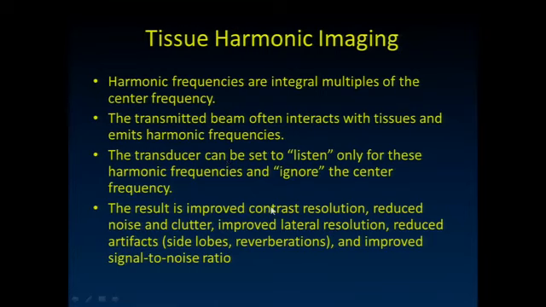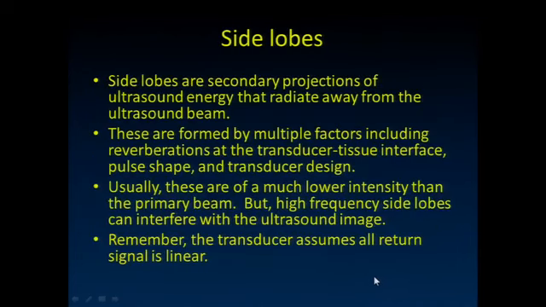And what's nice about that is it gives us a little improved contrast resolution. We get a little bit better noise properties because there are fewer things occurring at that frequency. It gives us some improved lateral resolution and some reduced artifacts. So a lot of times we use tissue harmonic imaging for that.